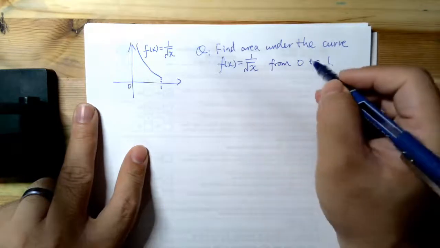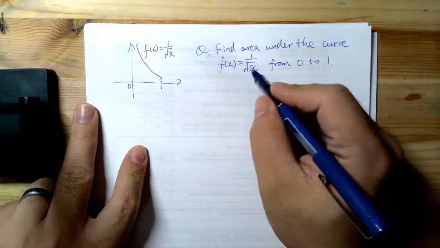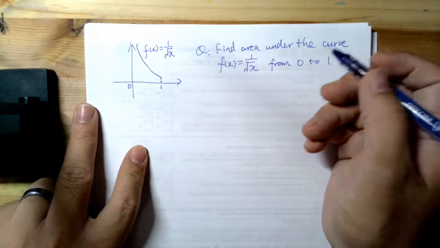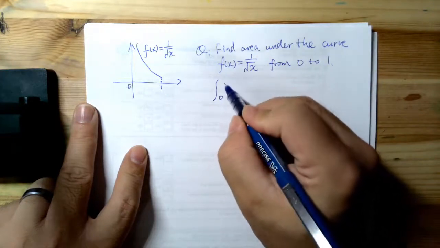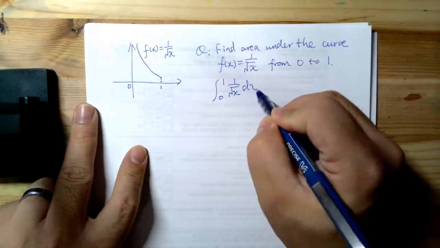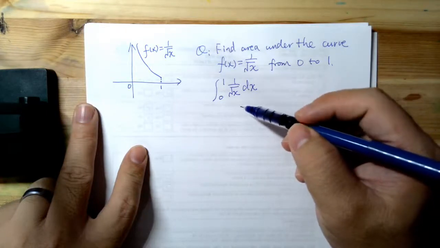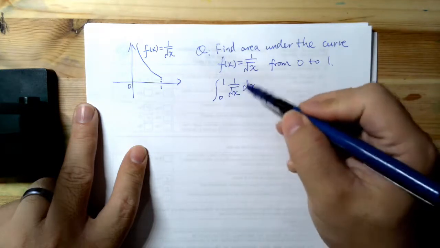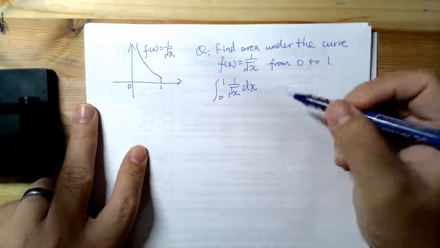Of course, 1 over square root of x is a positive number, so we can easily see that the area is the integral from 0 to 1 of 1 over square root of x dx. But notice that at x equals 0, my function is discontinuous, and it also goes to positive infinity.